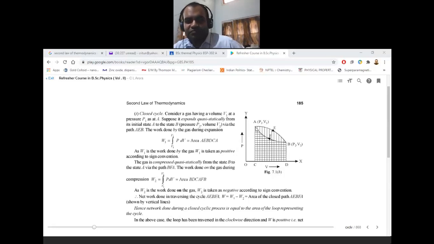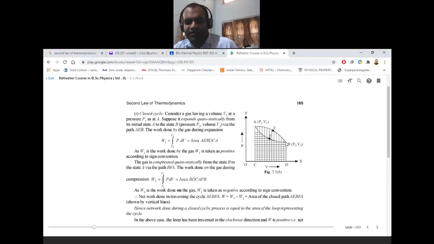The gas changes from A to B via the path AEB. Between A and B there will be various values of pressure and volume. Along the x-axis there is volume, along the y-axis there is pressure. Now the gas reaches the state B from the state A.